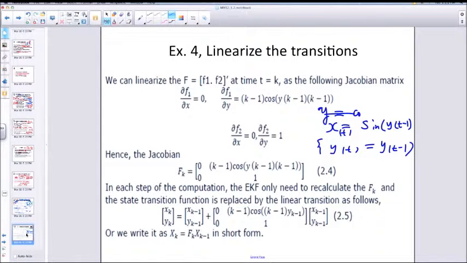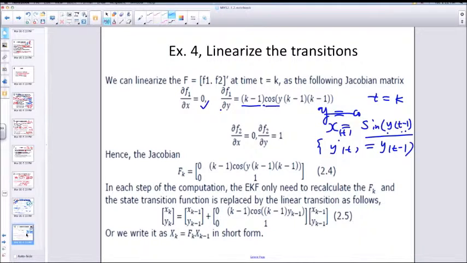And that relationship, if I take the derivative with respect to x, you see there's no x here, I get a 0. That's how we do the Jacobian matrix. If I take the derivative with respect to y, there's y here, and then t equals k, and then you get k minus 1 here. That's the t minus 1.